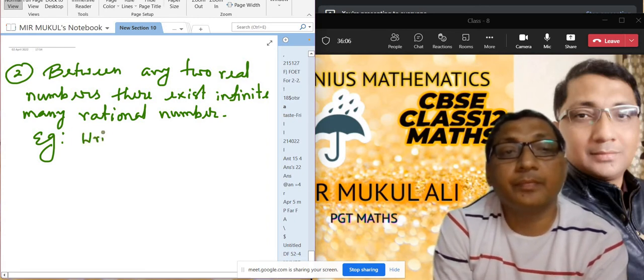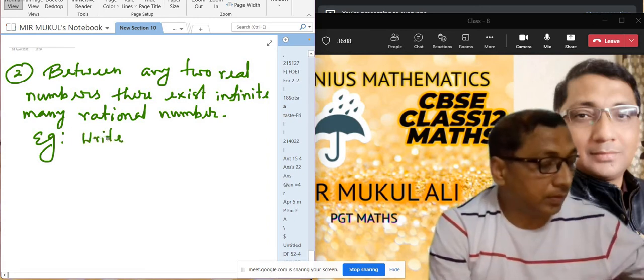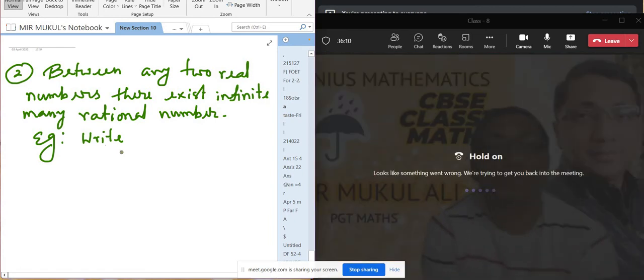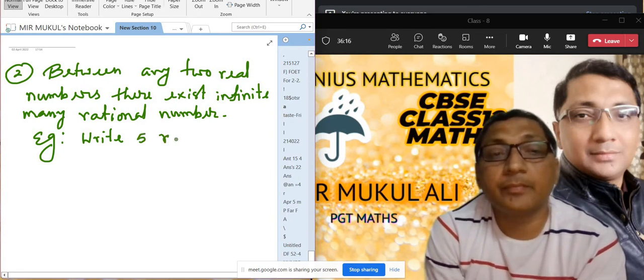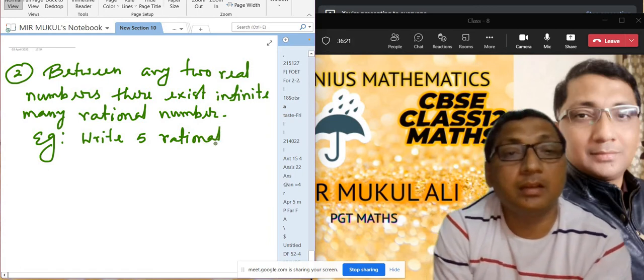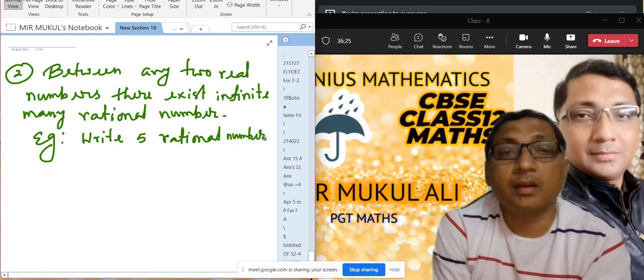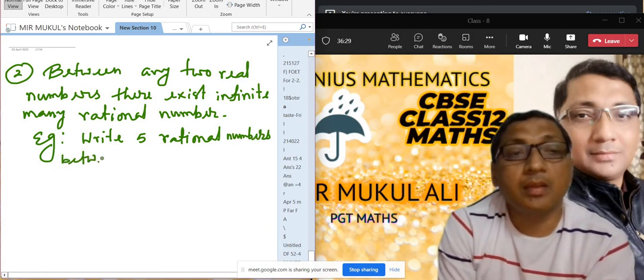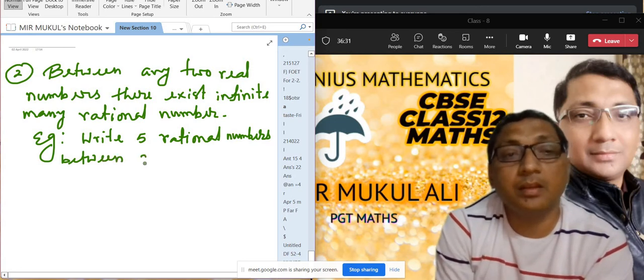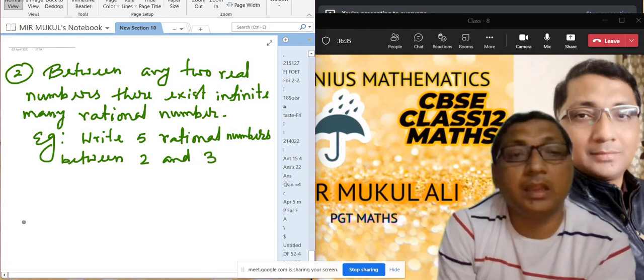Write 5 rational numbers between 2 and 3.